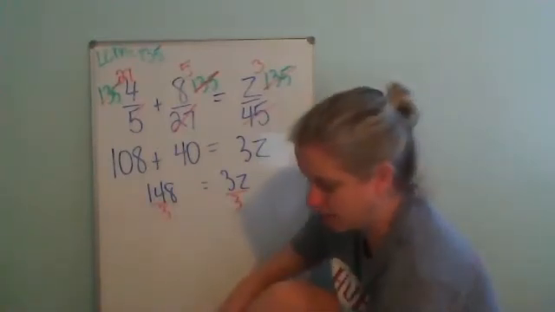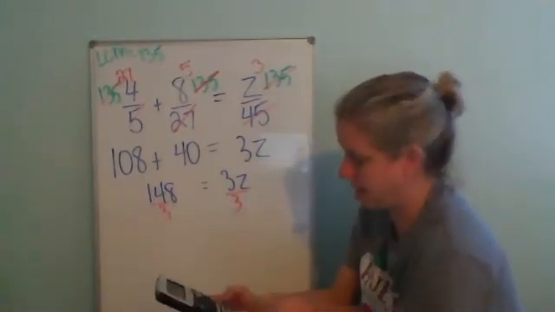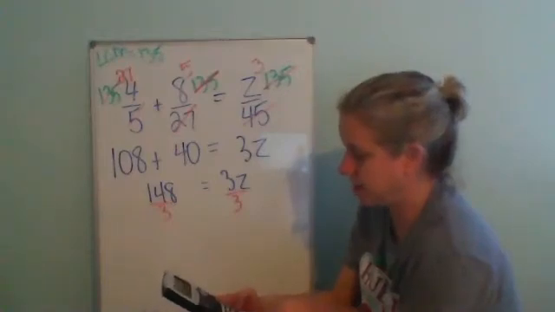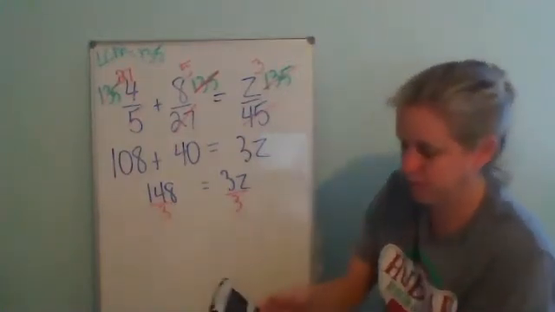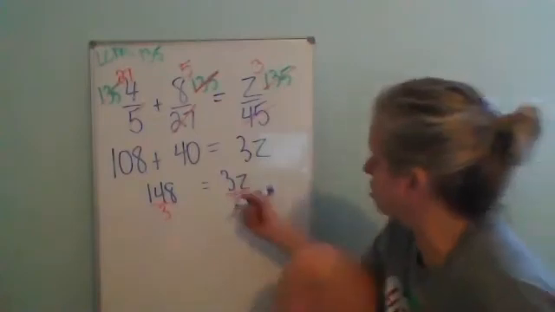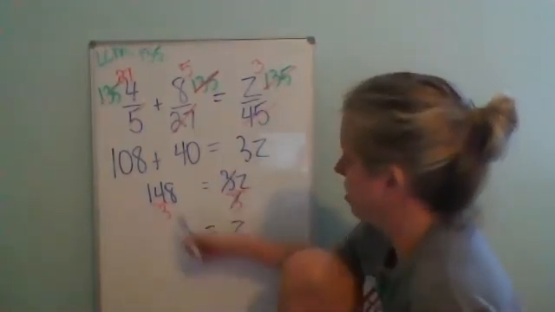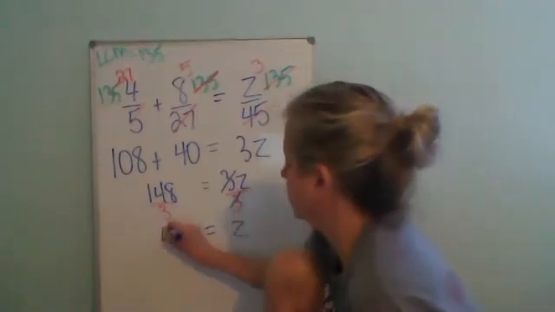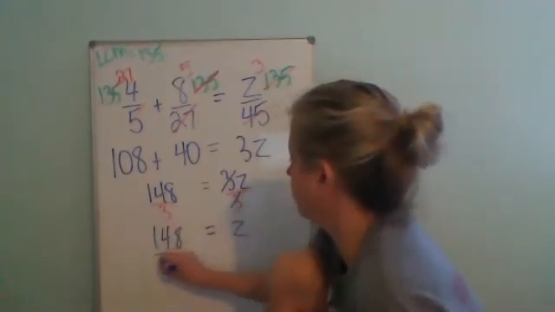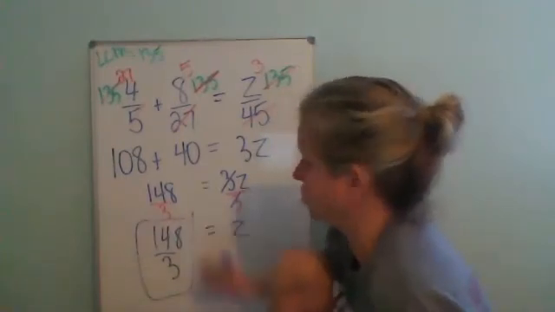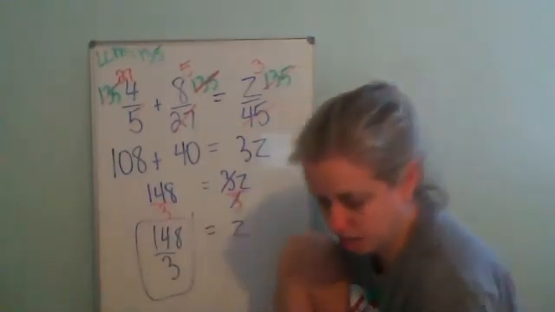And let's see, will that divide by 3? 148 divided by 3 gives me a long decimal that doesn't reduce. So that just means z is all that's left here, 148 over 3 is what's left over here. So 148 over 3 is your answer.